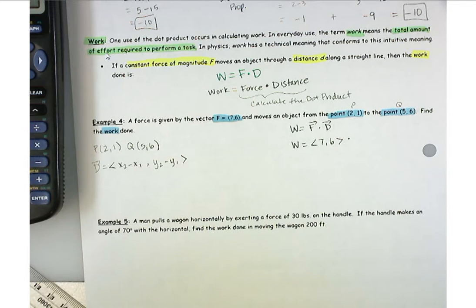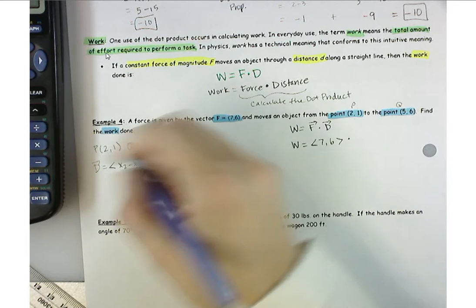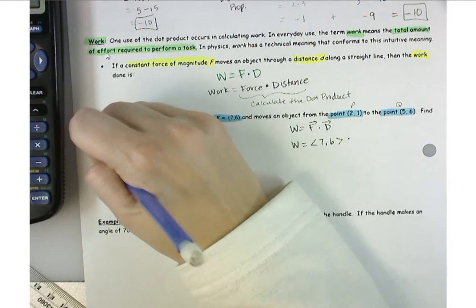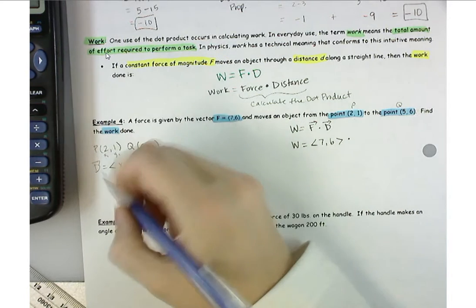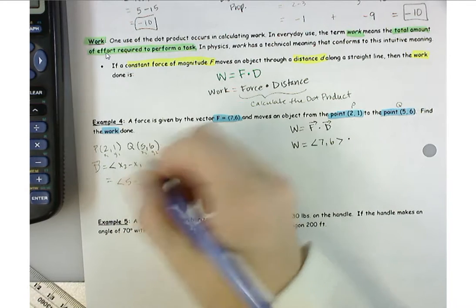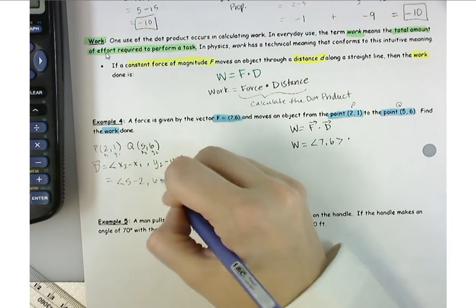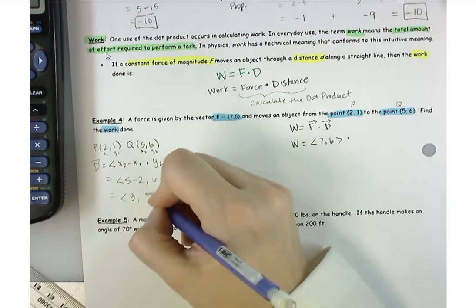Okay, and that's going to give you your vector. Okay, so P is your initial point, Q is your terminal point. So this is your x1, y1, this is your x2, y2. Okay, so your x2 is 5 minus 2, y2 is 6 minus 1. So then your vector is 3, 5.